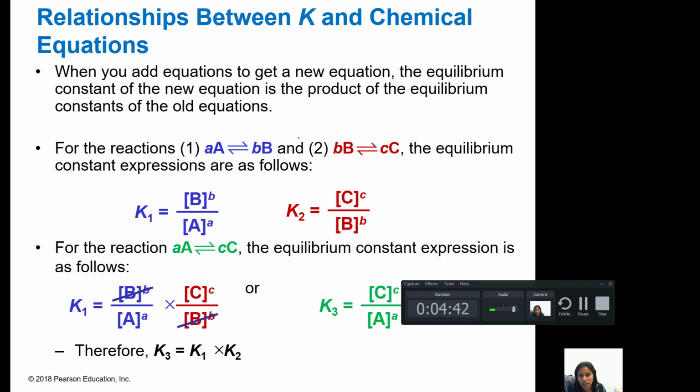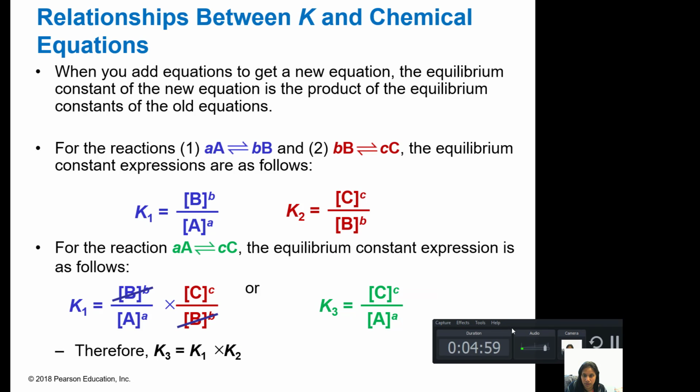Finally you get the final reaction, C divided by A. So K3 is the total equilibrium constant. K1 is for this particular reaction, K2 is for this particular reaction, and the total K is K1 times K2.